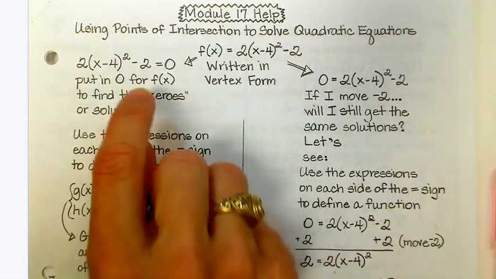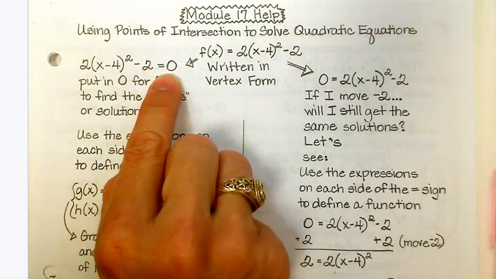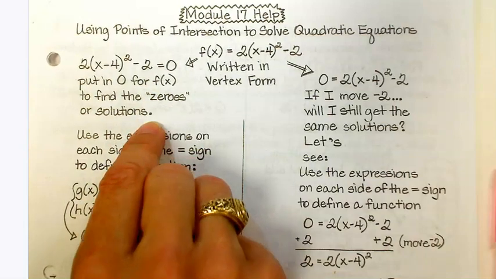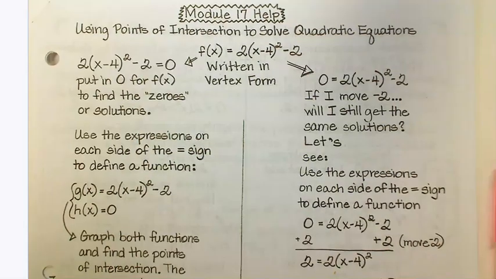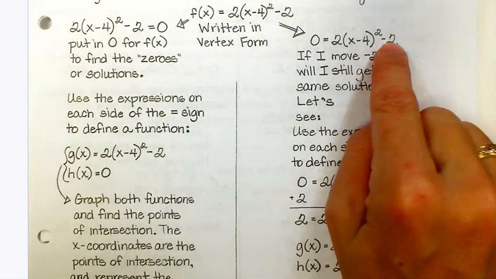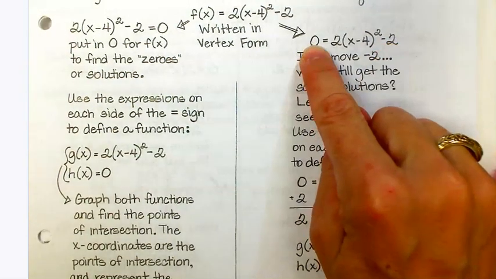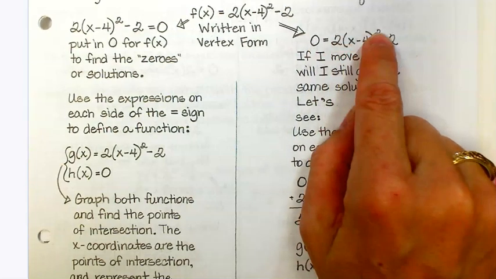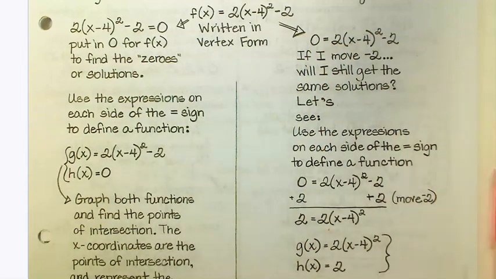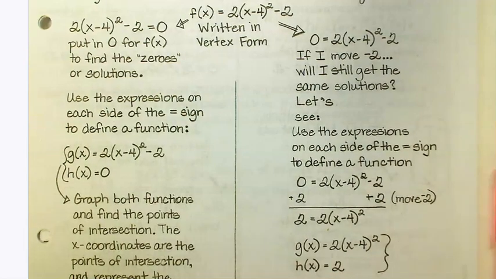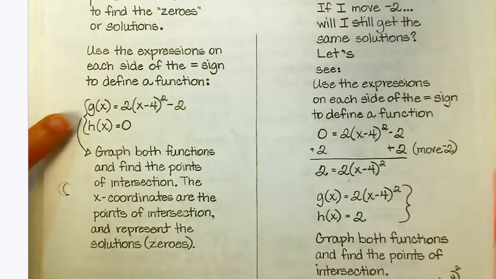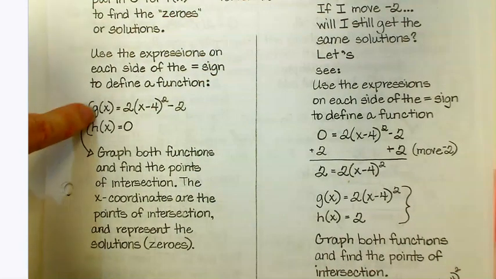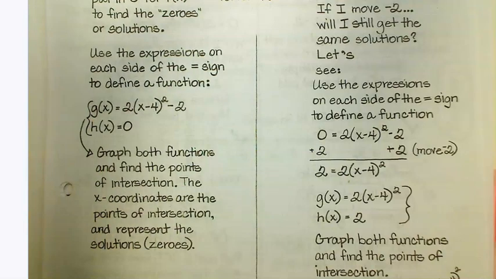But anyway, I can take this and set it equal to 0 to find zeros or solutions, or I can move the -2 over to here and get 2 is equal to 2 times x minus 4 squared. Do I still get the same solutions if I'm using these two versus just this? Okay, or I could do this and 0, but the x-axis is already 0.